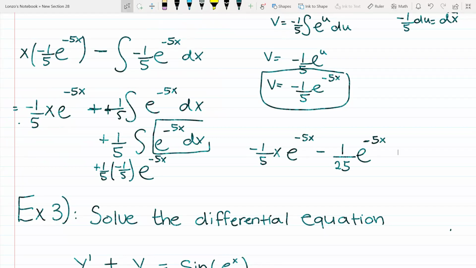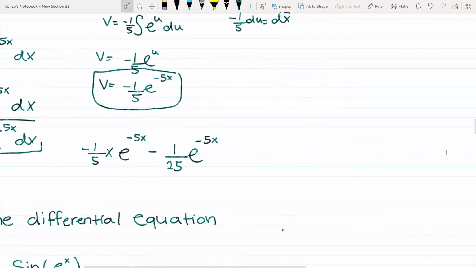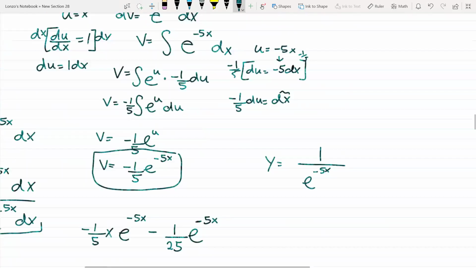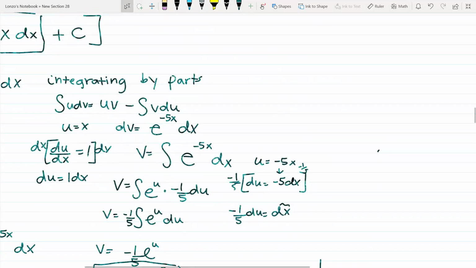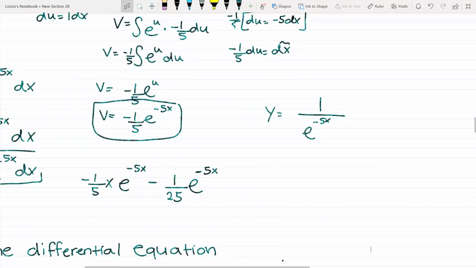Okay, so now we can solve, right? So we're going to solve for y. So y equals 1 over e to the negative 5x, because it's 1 over, yeah, and then you said it was the integration of e to the negative 5x.